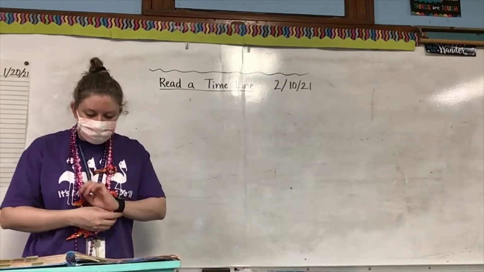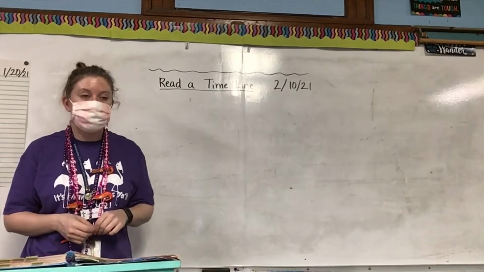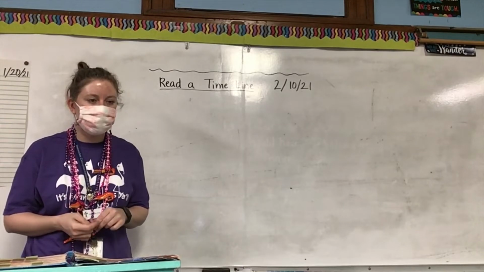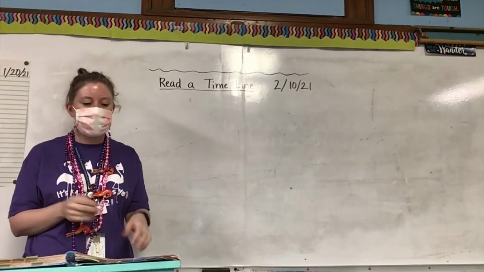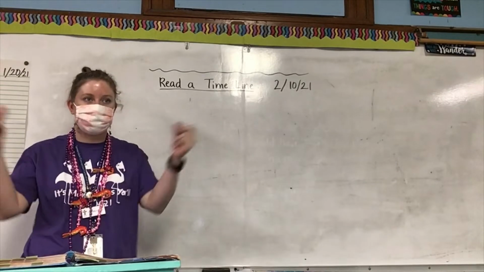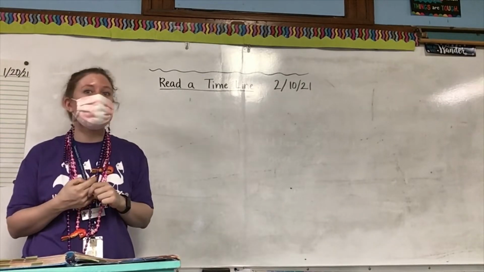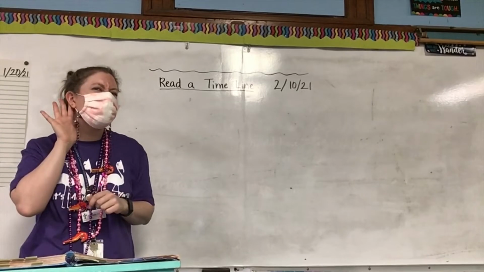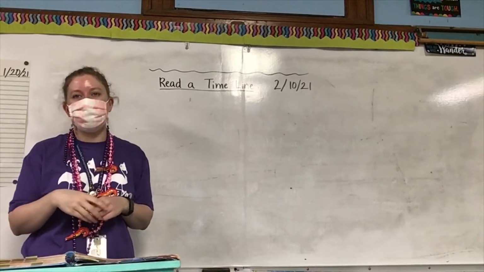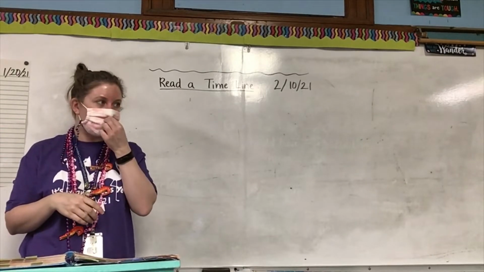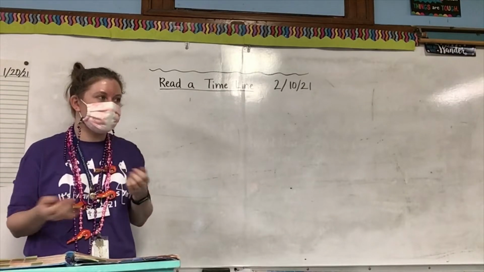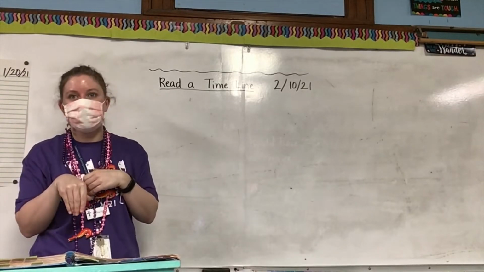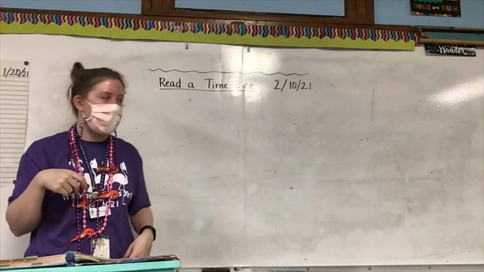Okay, so everybody should be on page 122. We're going to talk about reading a timeline. Now this should go quickly because the other day I had you read a timeline and most of you did it like that. Yes, Mason. No, we're going to start with number 1. It's just because these are short. There's only 3 words. Sometimes there's only 1 in these skills lessons, so I don't want to take a whole page for 1 or 2 words.